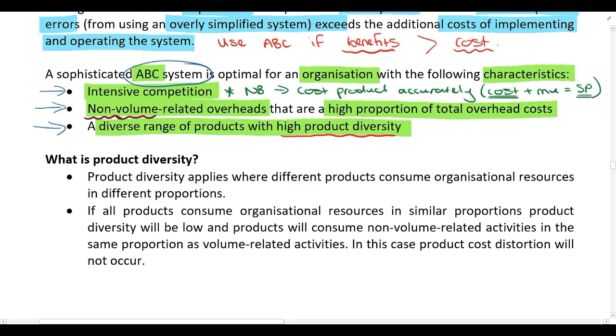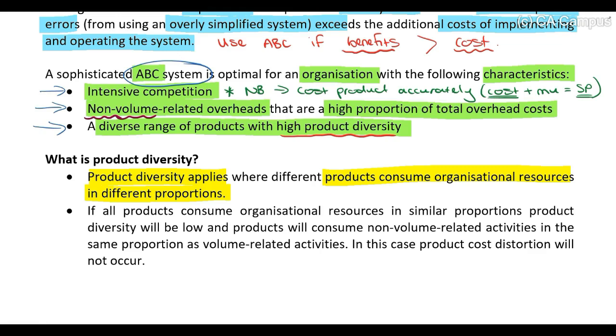In example 2, we saw an example of a company that had only 2 different products, but there was not high product diversity. The products consumed resources in the same proportions, so they did not need to use activity-based costing. However, if there is a diverse range of products with high product diversity, meaning that our products consume organizational resources in different proportions, then you should use activity-based costing.